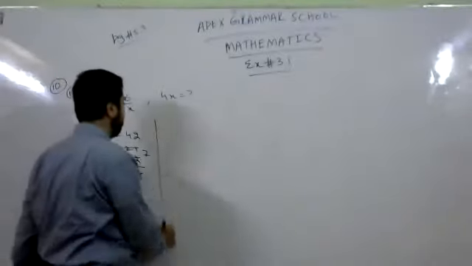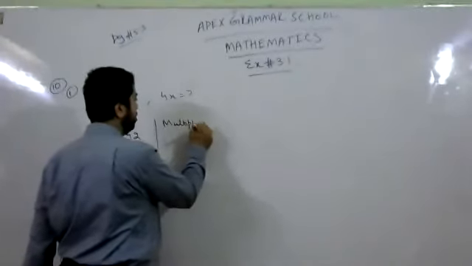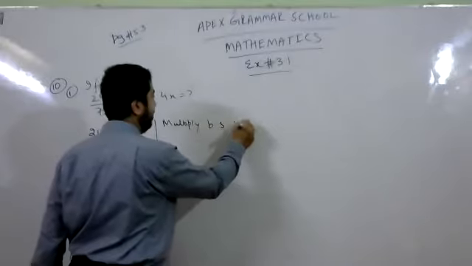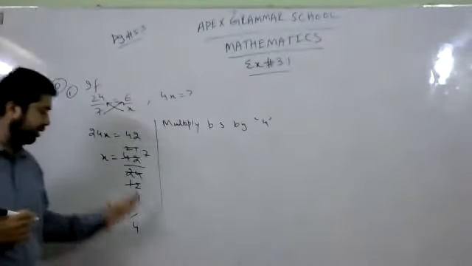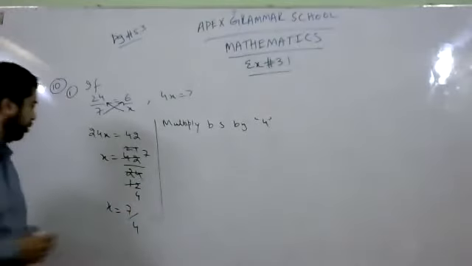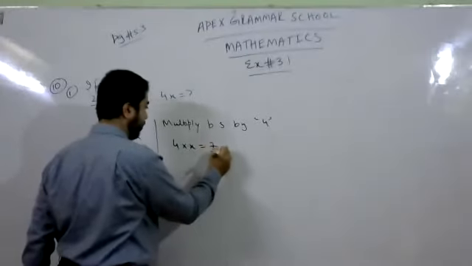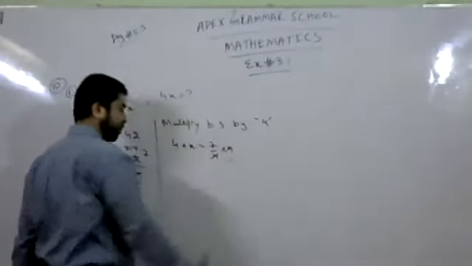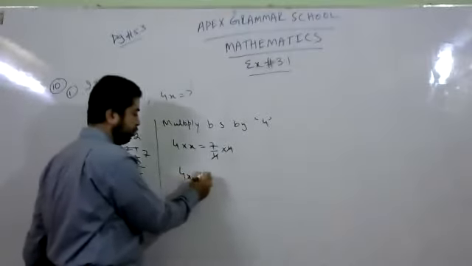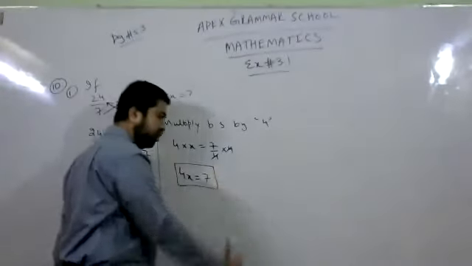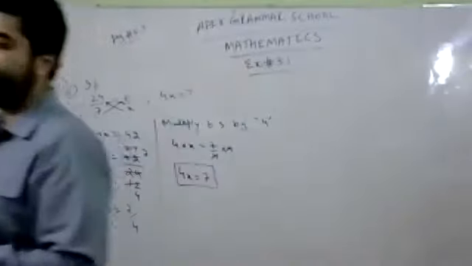Just do nothing but multiply both sides by 4, and that's it. 4 multiplied by x is equal to 7 divided by 4 multiplied by 4. The 4 cancels with this 4, and you are left with 4x equal to 7. And this is your answer, the value of 4x.